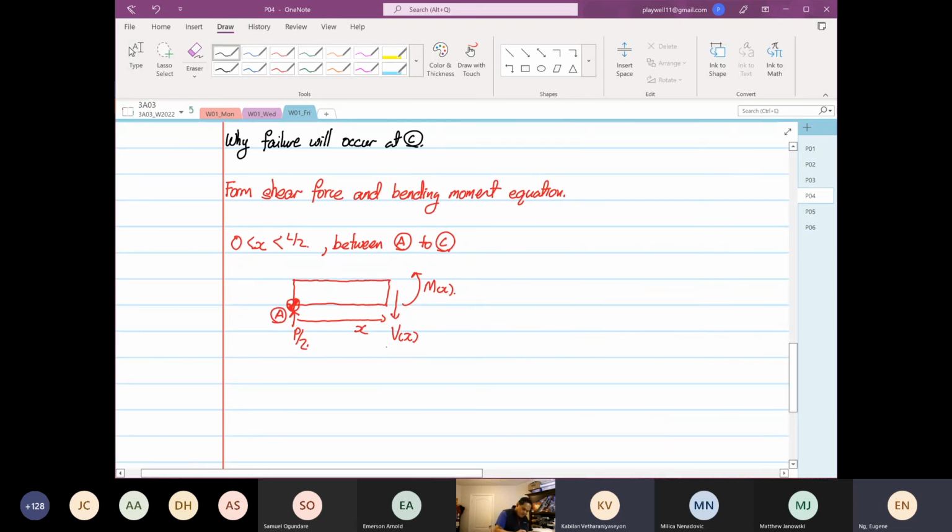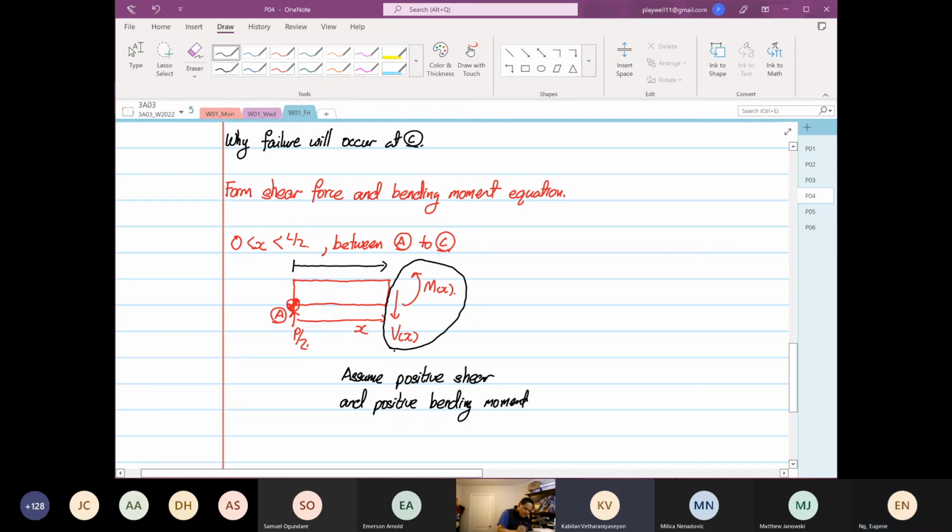This is because when we draw the direction this way, we assume positive shear and positive bending moment. And this is only valid if the analysis is from what? Left to right.